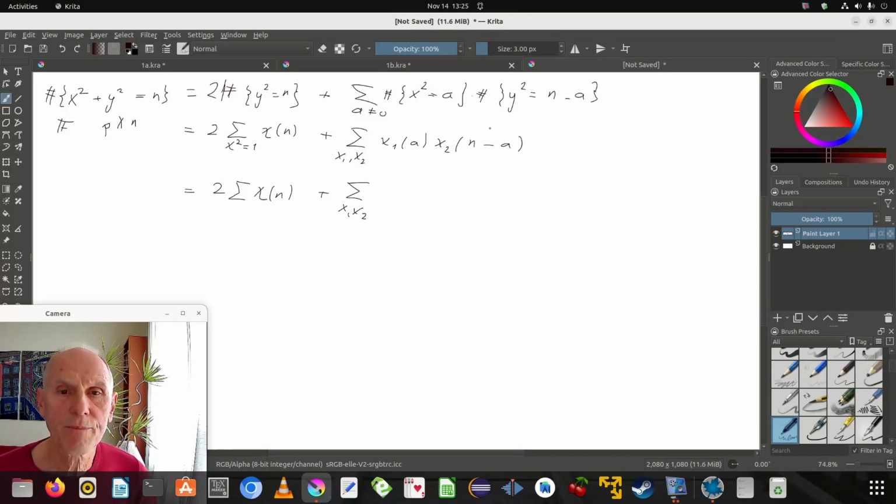We don't need to have changed order here. We need to take n out. Then we get 1 minus a divided by n, and we need to take it out here as well.